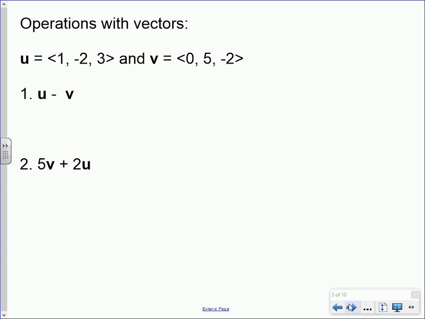Morgan, what'd you get for number 1? 1, -7, 5. Everyone, thumbs up for agree, thumbs down for disagree. All right, great. Sarah, number 2. 5, 0, 11.